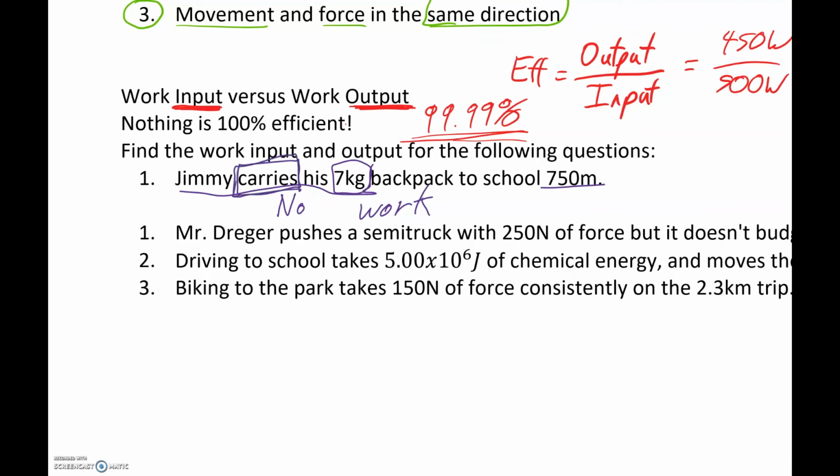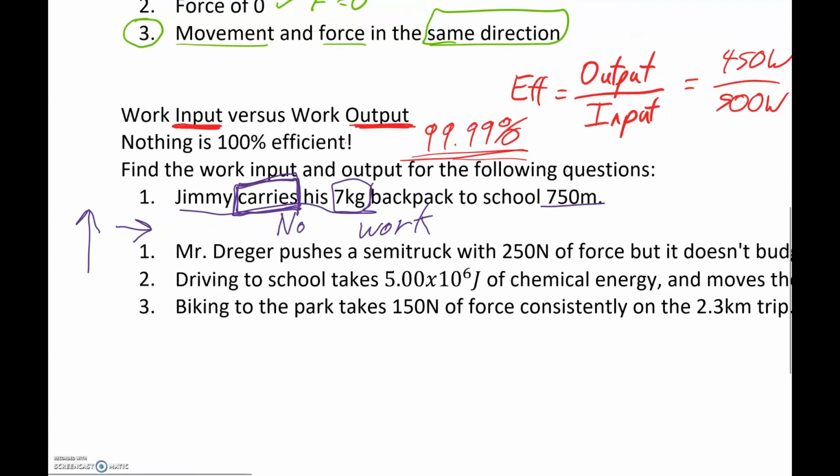The force you are imposing onto your backpack is in the upwards direction, fighting against gravity. Maybe you carried it about a meter up off the ground, so you did a tiny bit of work, but pretty much nothing, whereas the movement is in the horizontal direction. So there's no work here.